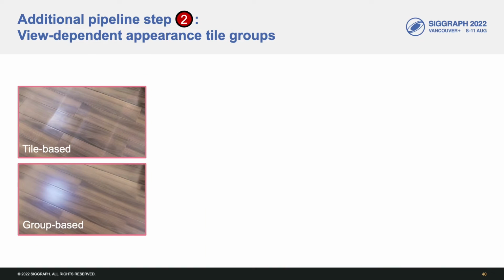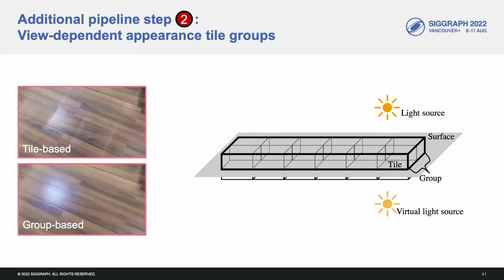The second additional pipeline step relates to tile consistency. If we just optimize view-dependent appearance per tile, then there are often too few images from the sparse input to produce accurate results. So we're going to group tiles to fix this. Sparse input causes it to be difficult to even find correspondences between virtual lights, and some nearby tiles might not even see a highlight.